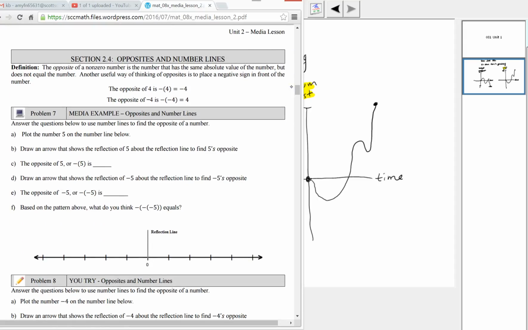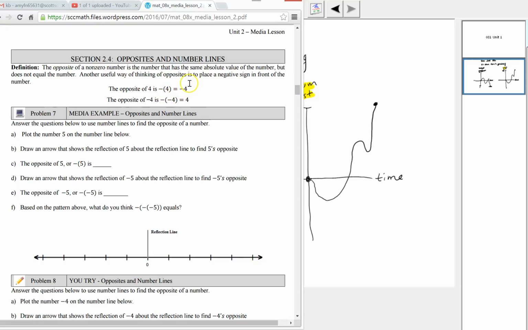Now, opposites and number lines. We're thinking of an opposite, specifically on the number line, as a reflection across the reflection line of 0. So here's the opposite of 4. You think of this as an opposite sign, and the opposite of 4 is negative 4.